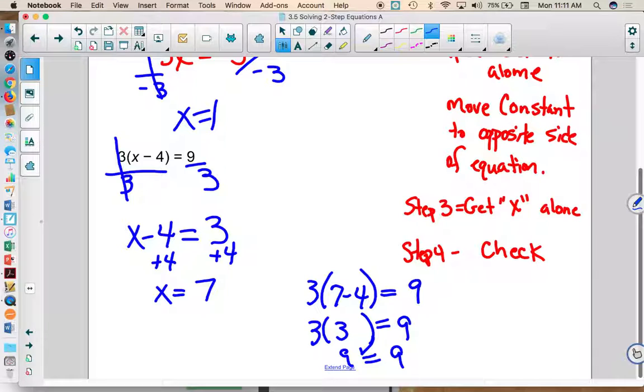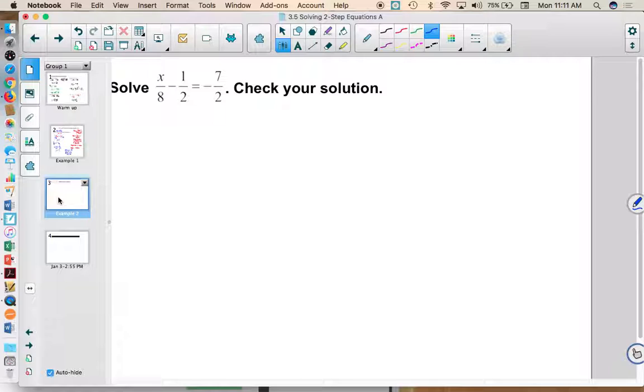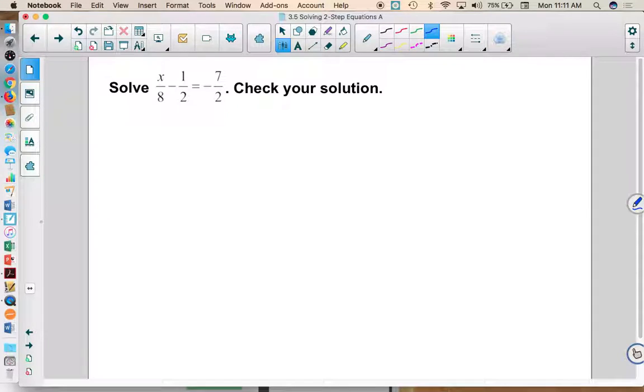And either way will work for you all the time. Okay? To solve a multiple step equation, use PEMDAS backwards. Okay? You do this one.